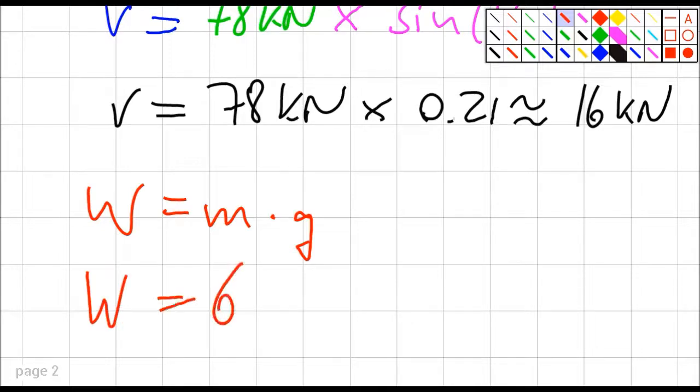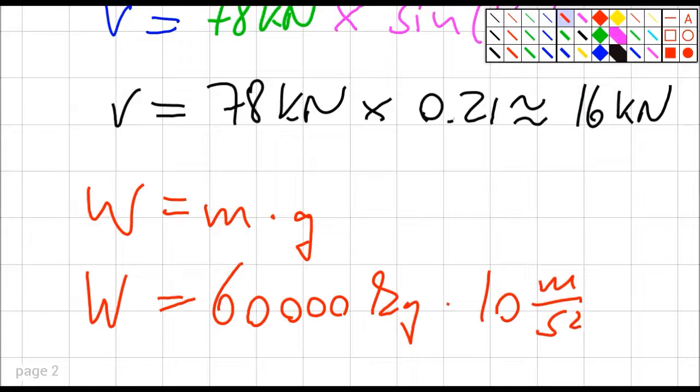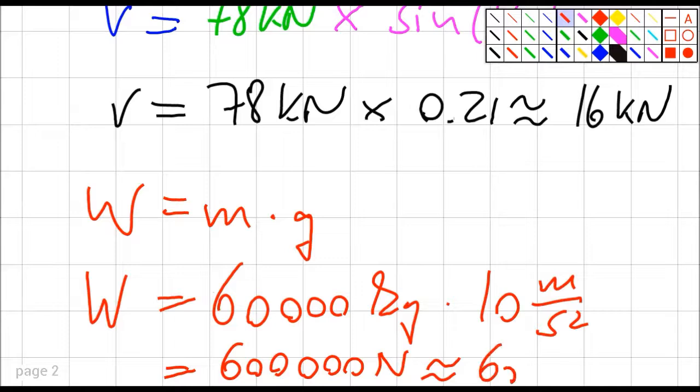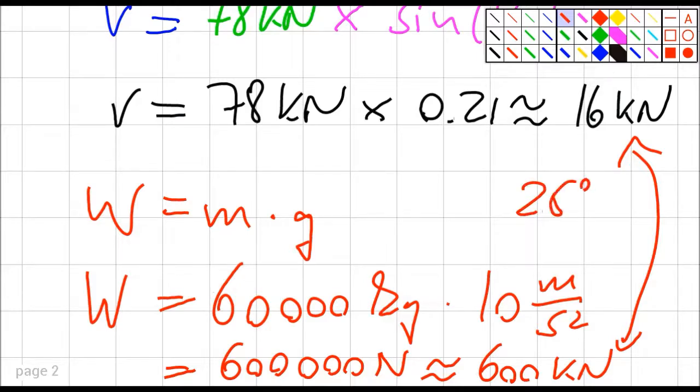So my weight is 60,000 kilogram times, I take a rough number here, 10 meters per square second, which equals 600,000 Newton or 600 kilonewton. Now when we put these two into relation, we figure out that the thrust component provided by the engine is only about 2.5% of our weight, or of the lift we need to make the aircraft fly.